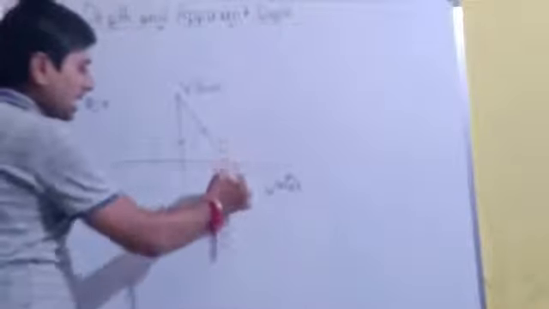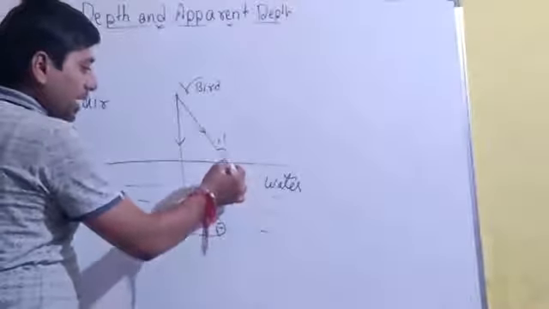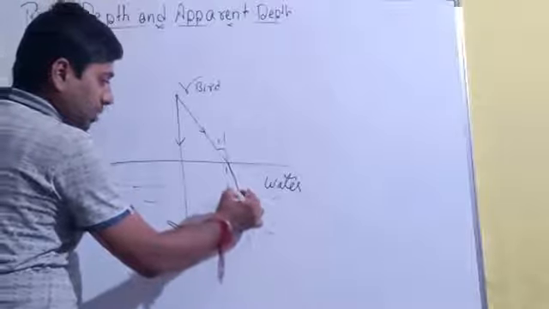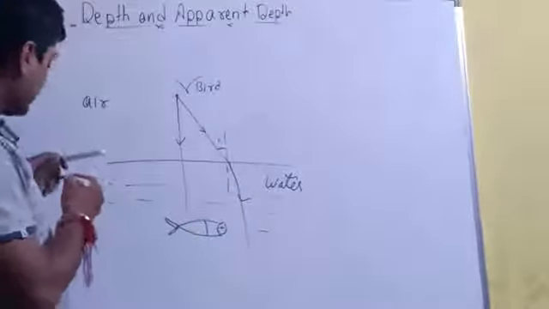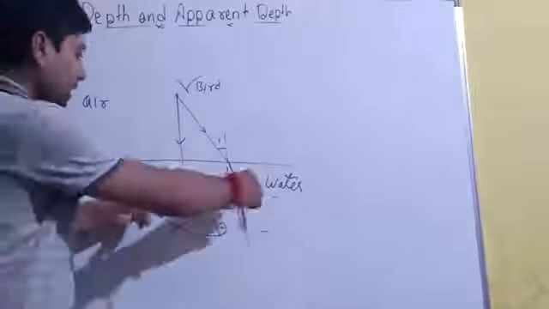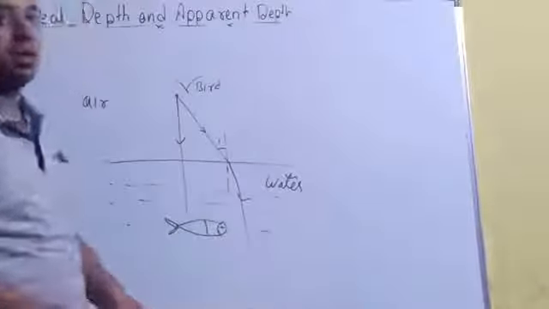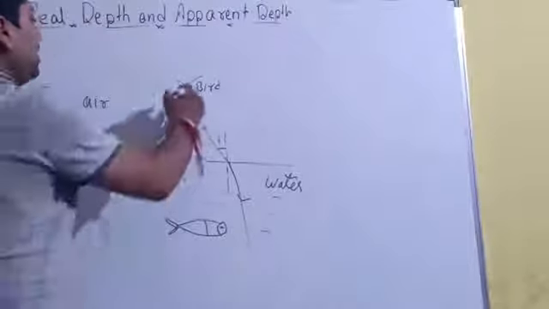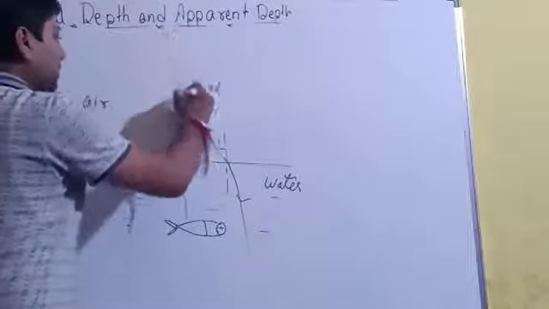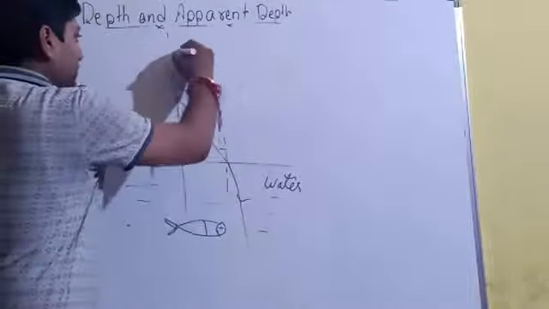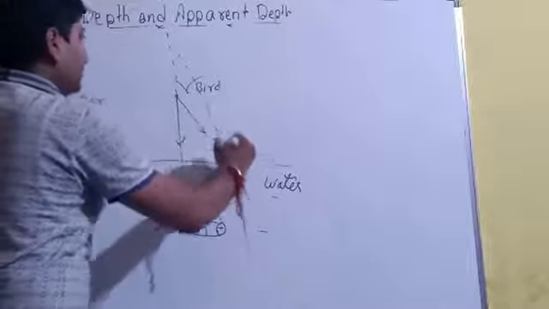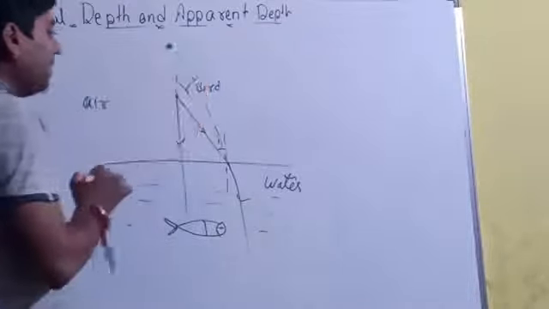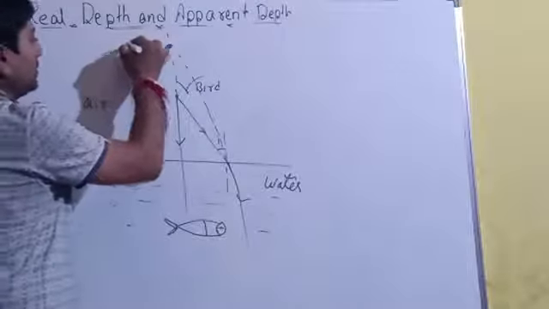Then the ray, after moving, will bend towards the normal. Now both rays are going away from each other, so they will not meet. But when you draw at the back side, the rays will meet like this. Now both rays are meeting here. The image will be formed at this place.